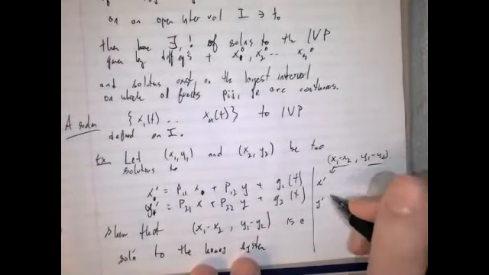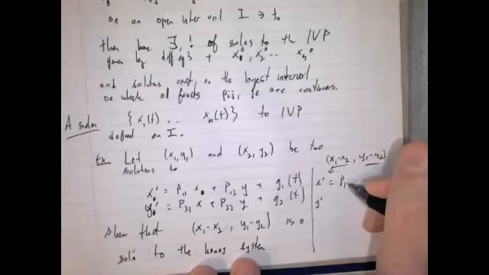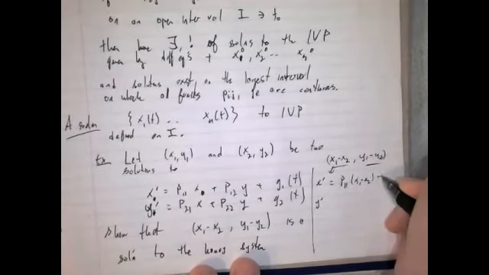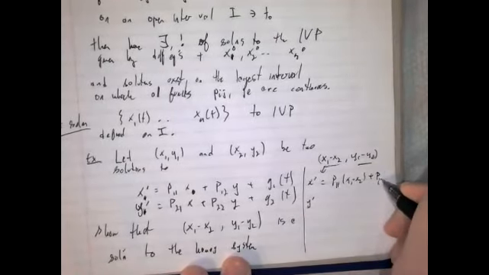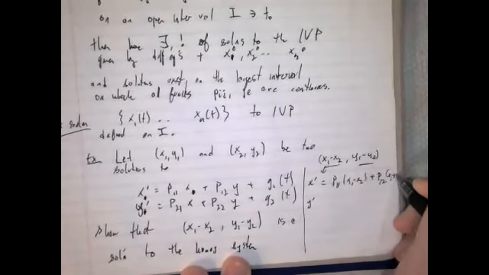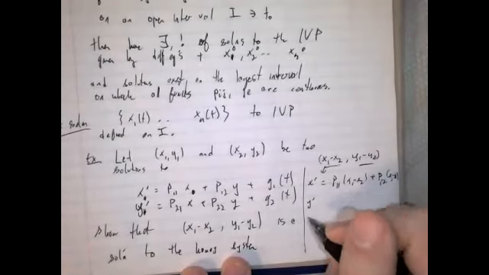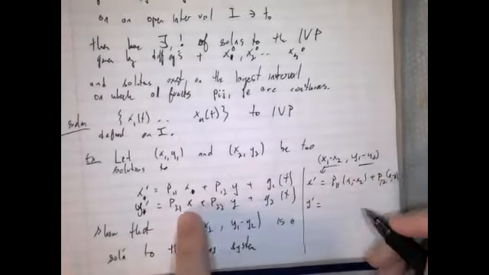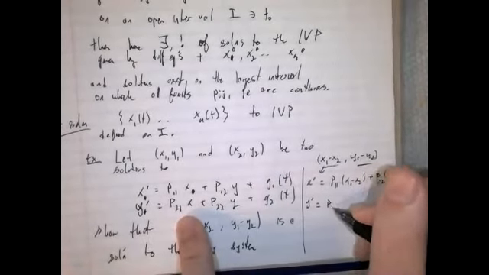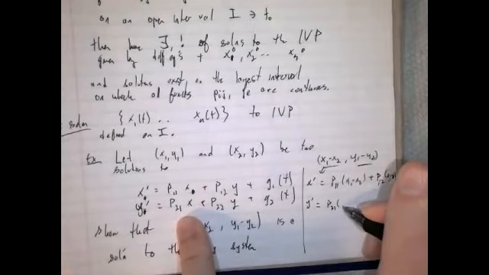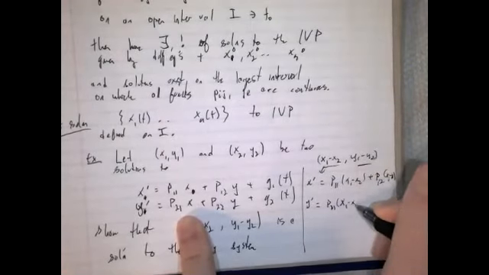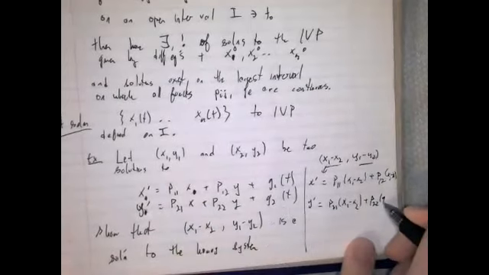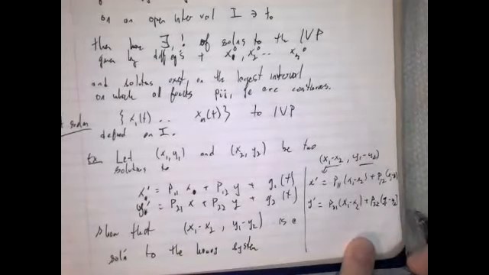And you want to check that that's equal to p11 times x1 minus x2 plus p12 times y1 minus y2. I'm running out of space. And similarly on this side, when you take the derivative of y1 minus y2, you want to check that that's equal to p21 times x1 minus x2 plus p22 times y1 minus y2, right?